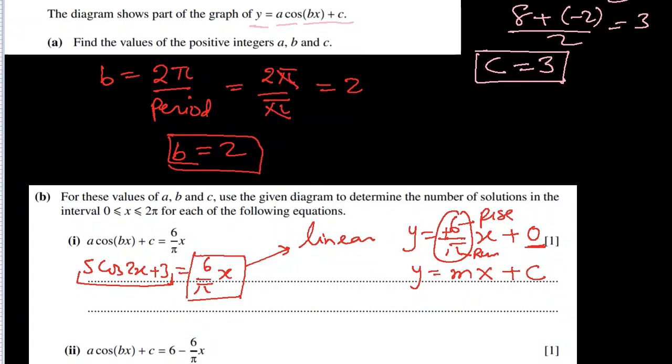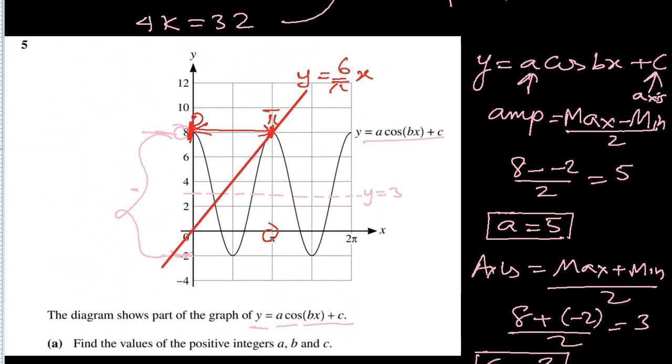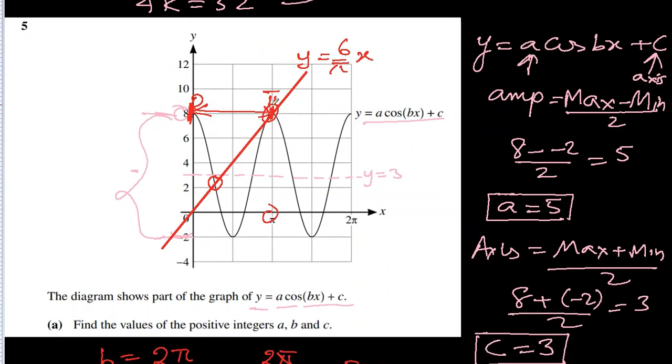For each of the following equations, find the number of solutions. So in how many places is the cosine graph and this line intersecting? They're intersecting at 1 and 2 places. However, if we focus on this point, the line is coming from somewhere here like this.